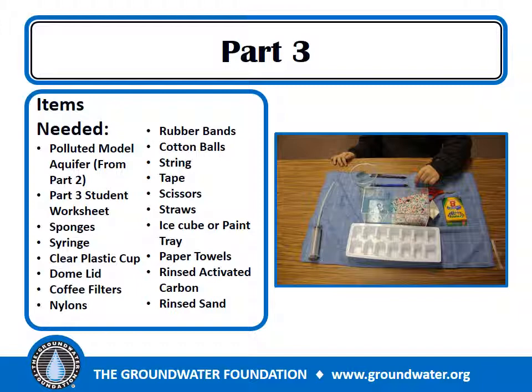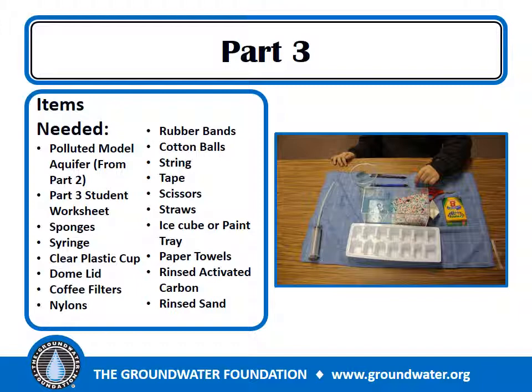The materials needed for this portion of the activity are the polluted model aquifer from Part 2, the Part 3 student worksheet, sponges, a syringe, a clear plastic cup, dome lid, coffee filters, nylons, rubber bands, cotton balls, string, tape, scissors, straws, an ice cube or paint tray, paper towels, pre-rinsed activated carbon, and rinsed sand.